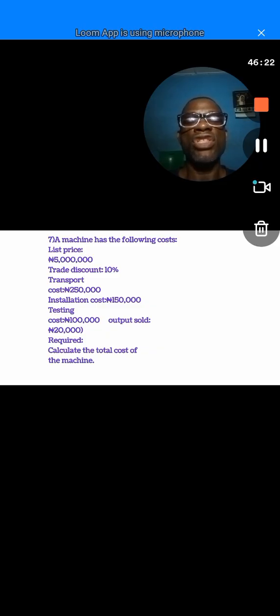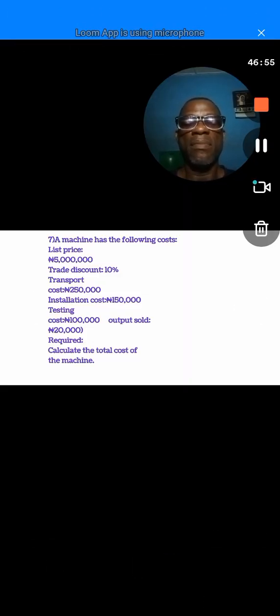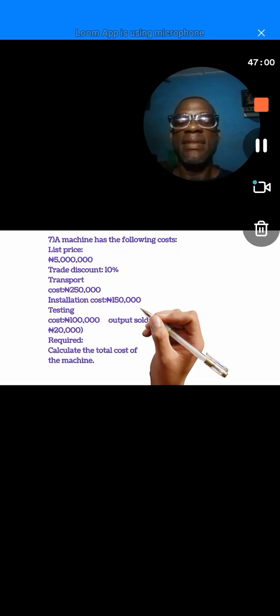Testing cost is 100,000. Output sold is 20,000. You are required to calculate the total cost of the machine. Yes, that is your question. The question is on now, and you have to begin solving it because immediately the time is off.